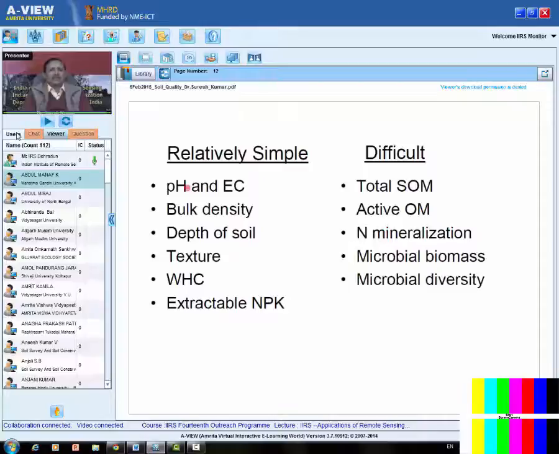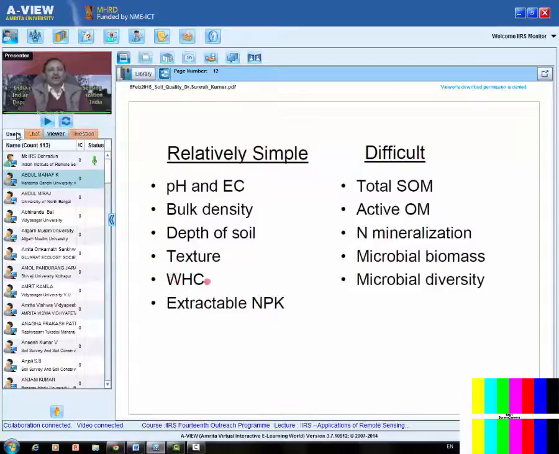For example, a simple one, pH. We can measure it with a pH meter, and EC with an EC meter, electrical conductivity. Bulk density: you can take soil samples, dry them, and work out the density. The depth of the soils in the field you can measure. Texture, whether it is sandy, clay or sandy loam, different textures, we can also measure by field method. Water holding capacity depends on how much organic matter and clay particle is there.